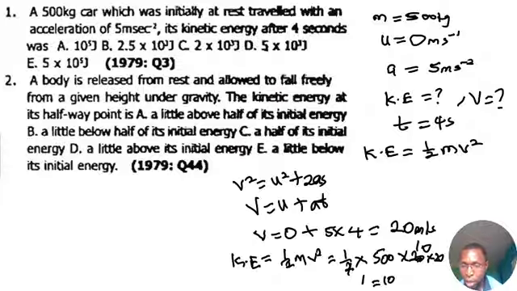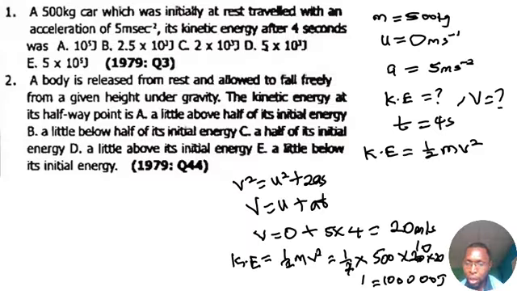Now times 20: 5 times 2 is 10, then we have our extra zeros. If you check your calculator, you find out that our answer is 100,000 joule.